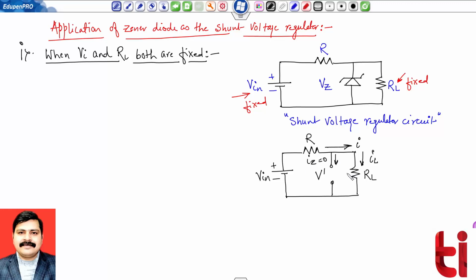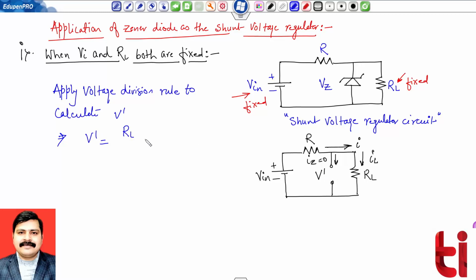Now you can check these two resistances are connected in series. So from voltage division rule, one can easily calculate the value of open circuit voltage V dash. V dash is nothing but voltage across RL. So it will be simply RL multiplied by input voltage divided by addition of both resistances, R plus RL. So we can easily calculate this value.